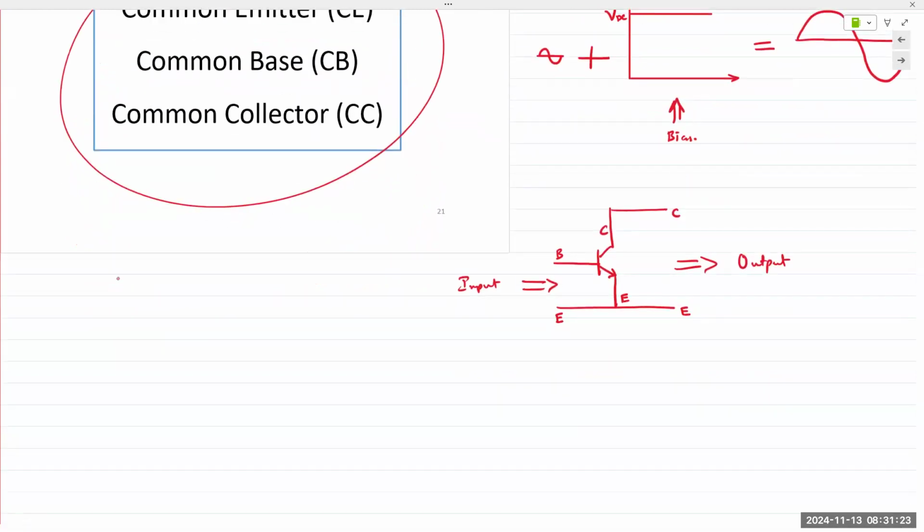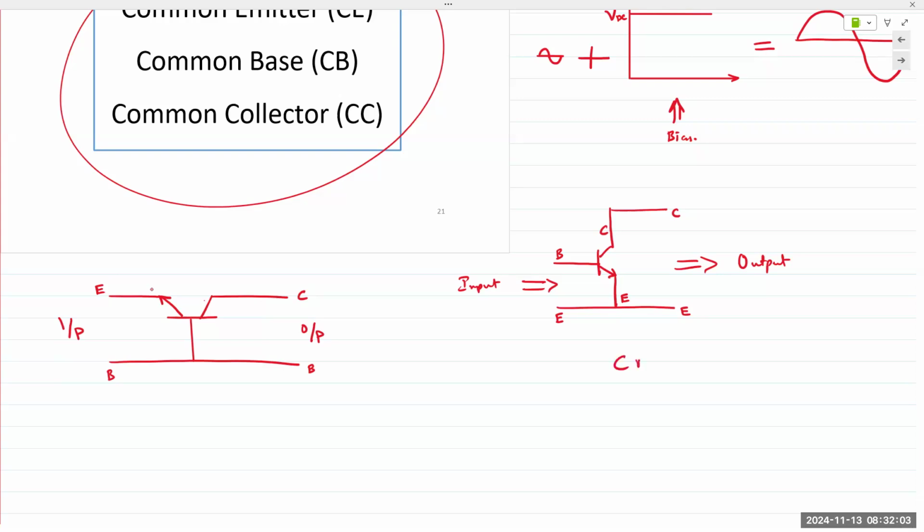And then common base. Again, as the name explains, you have the emitter here. Base is common to both the input and the output side. So input on the left, output on the right. And then far less common is the common collector.